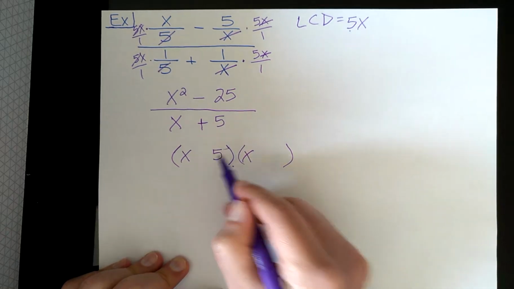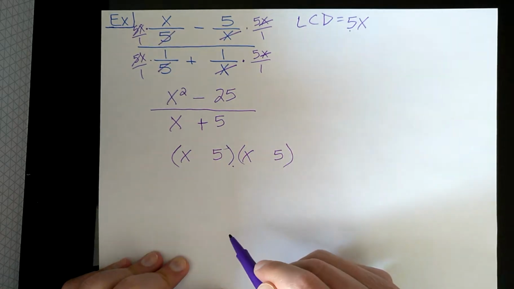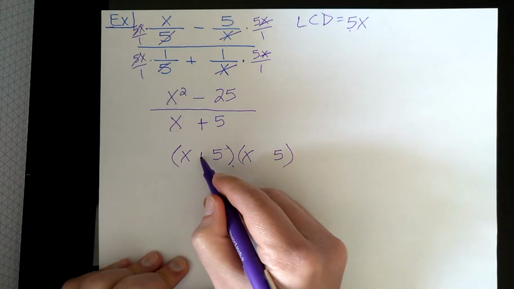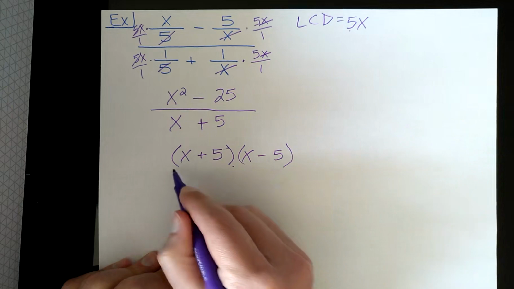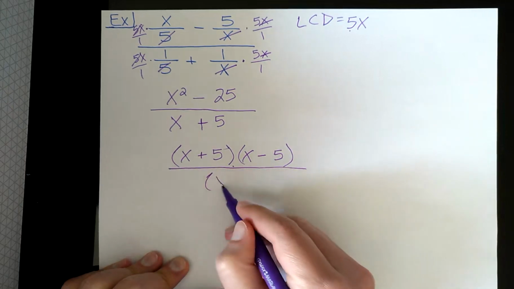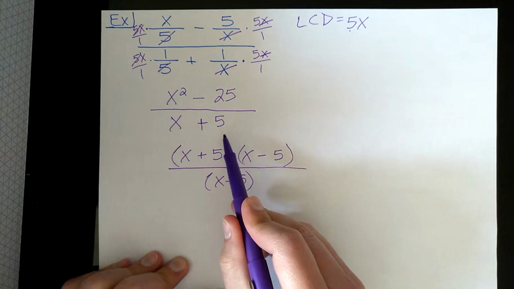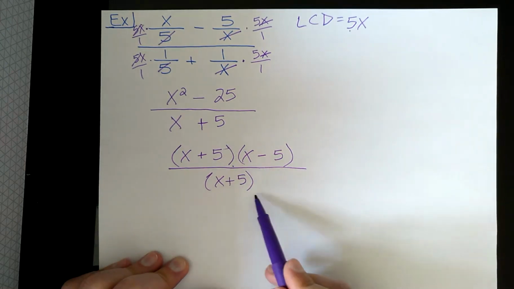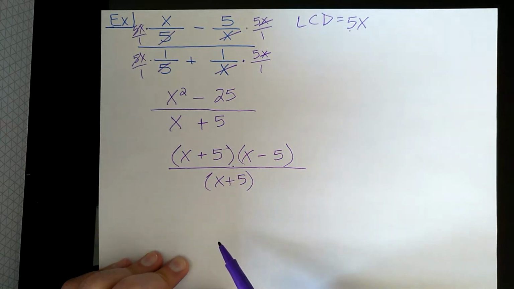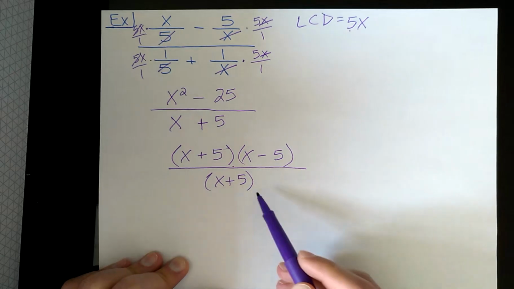The square root of 25 is just 5. And always remember, we make one positive and one negative. And that's all over x plus 5. The parentheses are totally optional here, for the denominator, that is.